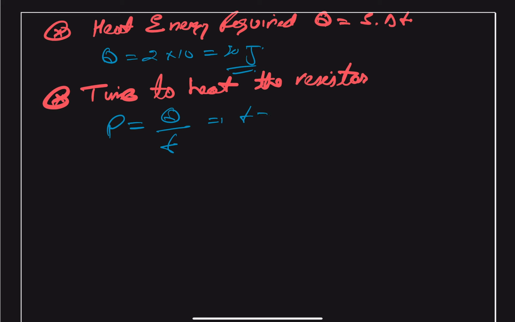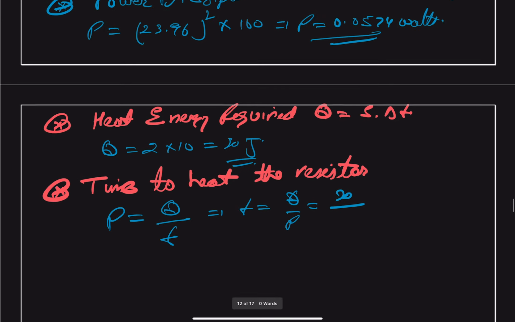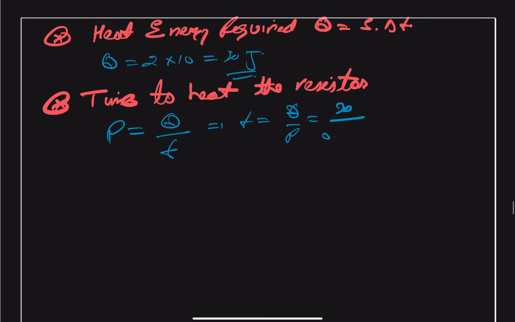So time is equal to Q upon P. Q we just found out is 20 and power is 0.0574, and this will be approximately equal to 348 seconds.